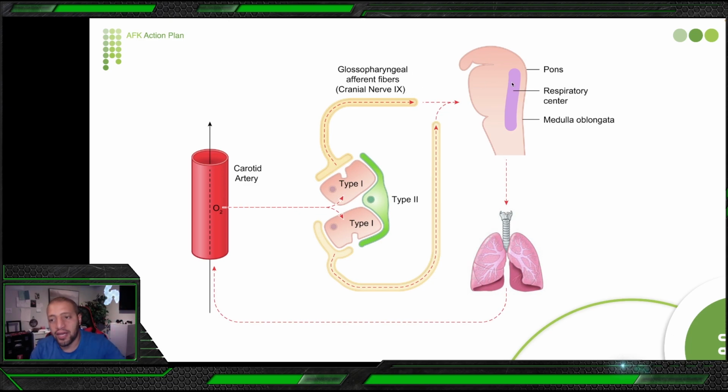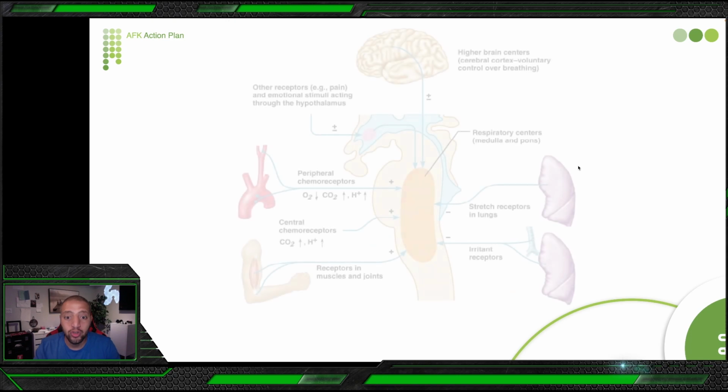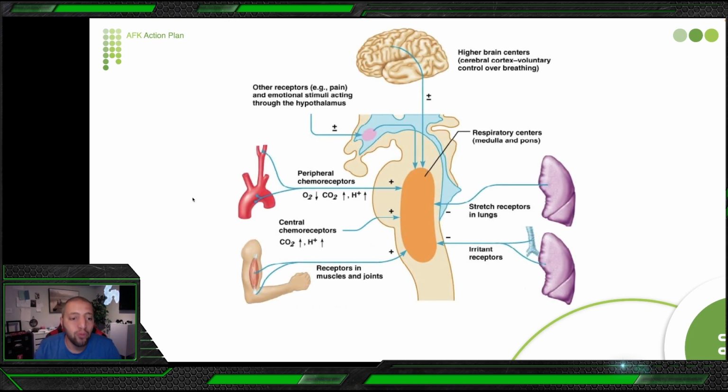It goes to your brain, to the respiratory center in the pons and medulla oblongata, so it can control it. And that's it. Do not dig deep. The carotid artery has peripheral receptors, which send a message to the central receptors in the pons and medulla oblongata through the glossopharyngeal afferent, cranial nerve number 9. This is what you should know about this one.